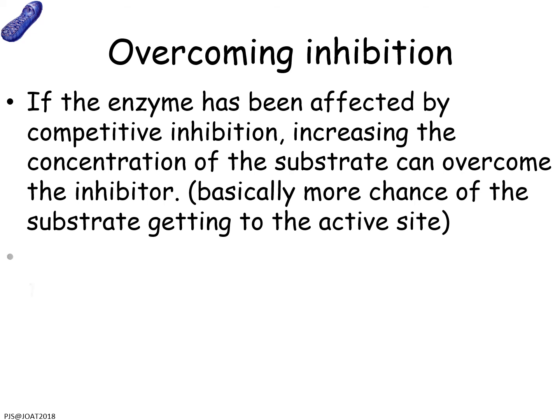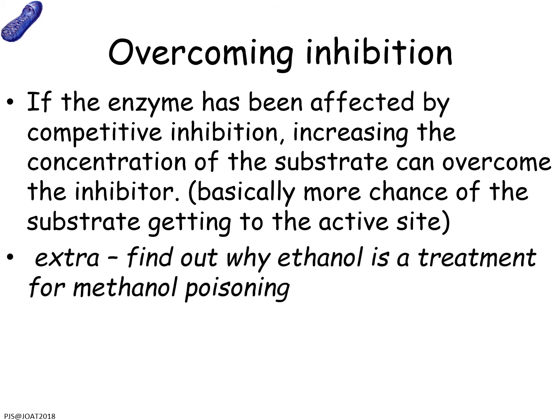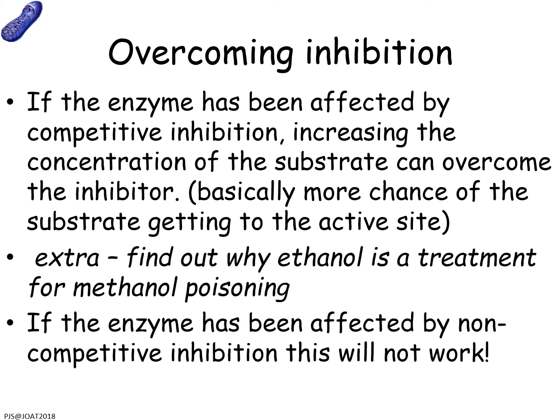That's an important point. That's just an extra. If it's non-competitive, that doesn't work at all, because even if you flood the whole system with huge concentrations of the substrate, the point is that the enzyme's active site has been changed in shape, so having more substrate there does not help.